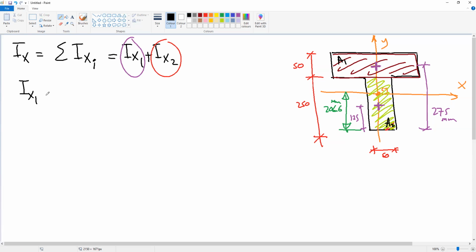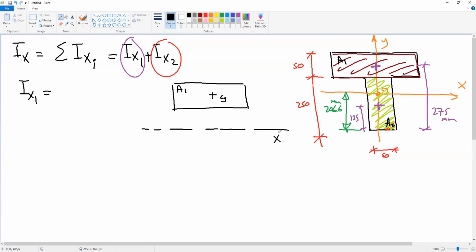So for Ix1, how can we find Ix1? Ix1 is the inertia of this rectangular A1, and this is the centroid of A1, and we need to calculate the inertia about the x-axis.